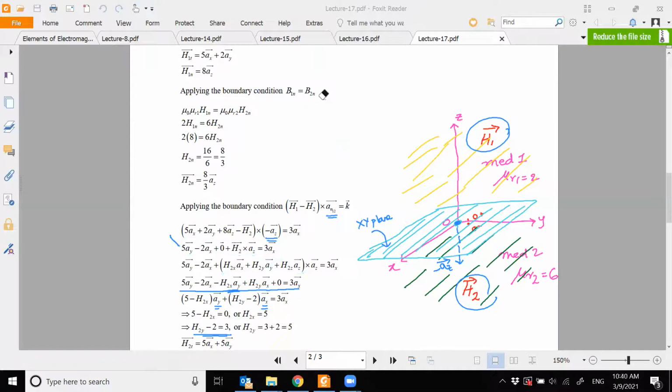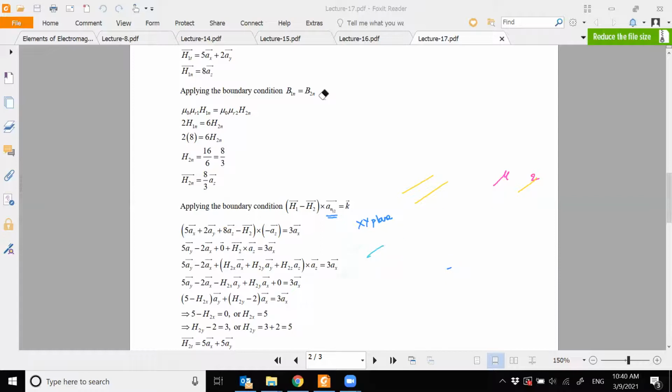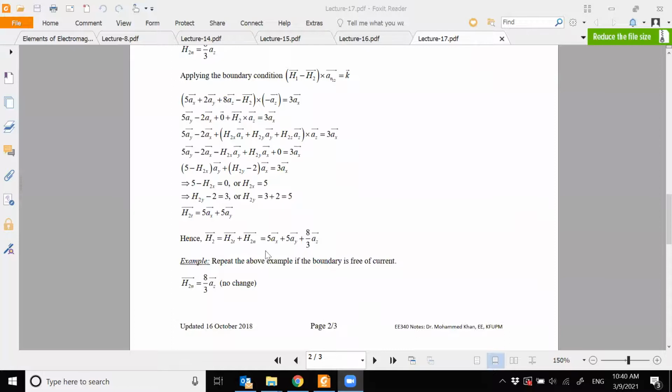Once I know my tangential component and my normal component, which is H2N, 8 over 3 times AZ, you can now find the total magnetic field H2 near the boundary, which is equal to this one.